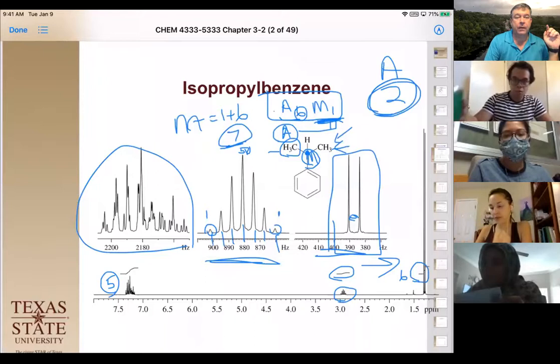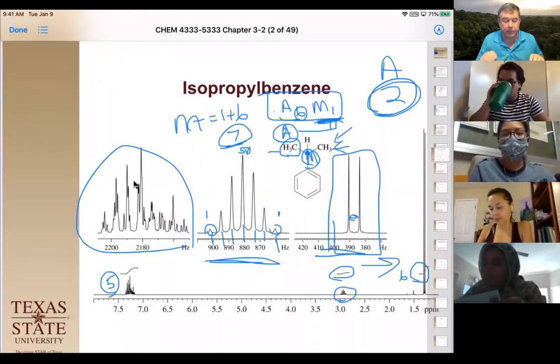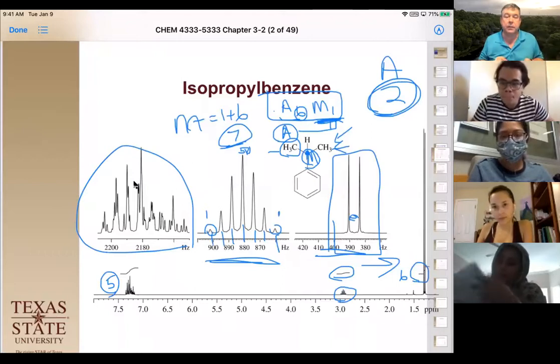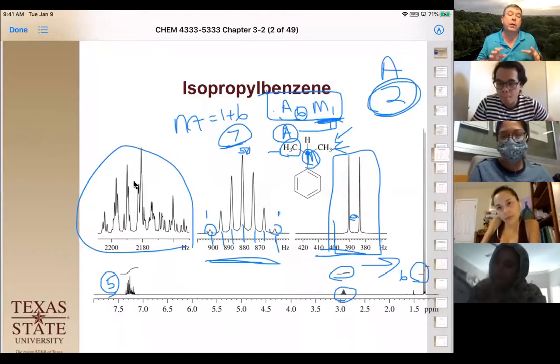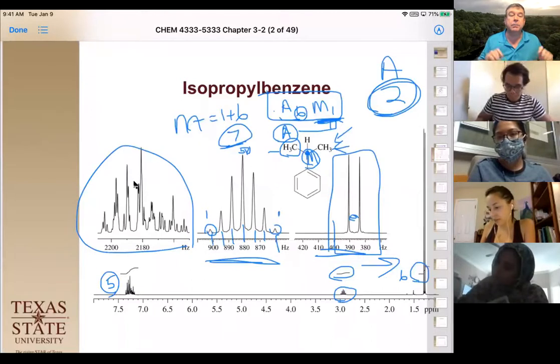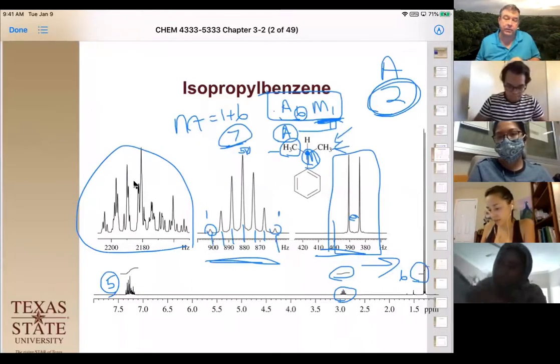There we go. All right, so this is kind of where we left off last time. We were talking about how we could look at the splitting, coupling constants, and what our splitting was. And using the Pople-type nomenclature, that allows us to predict the number of peaks we have, okay?